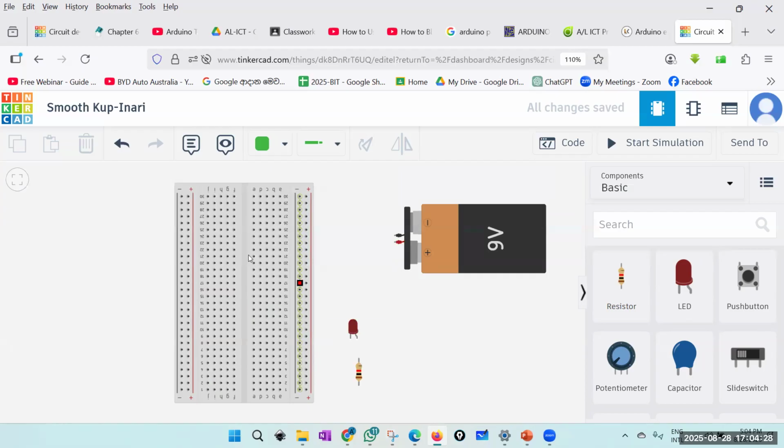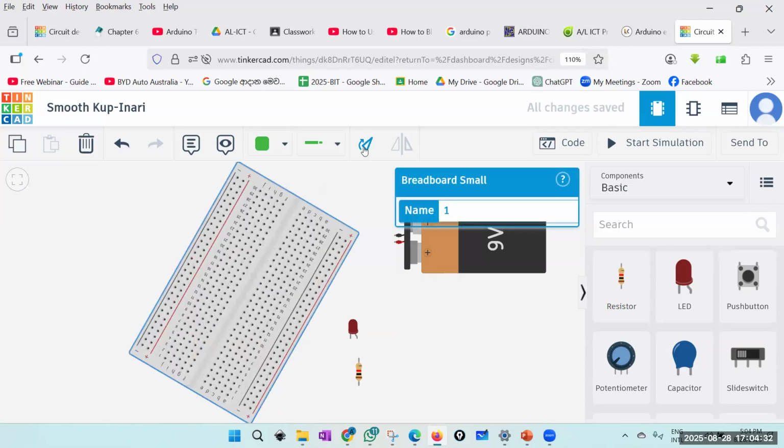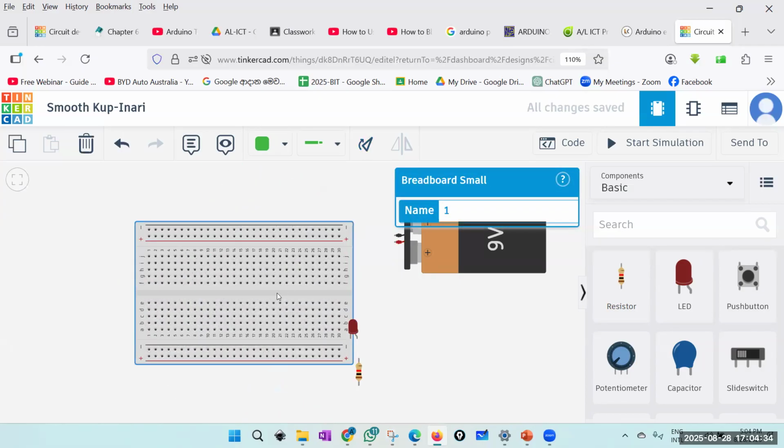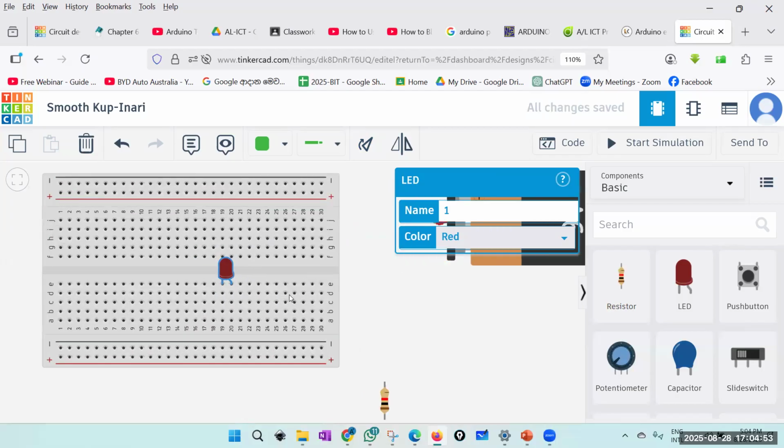There is no point fixing the LED the other way. You can fix it wherever you want. I fix it somewhere here. Now you can see it is fixed to this and this.